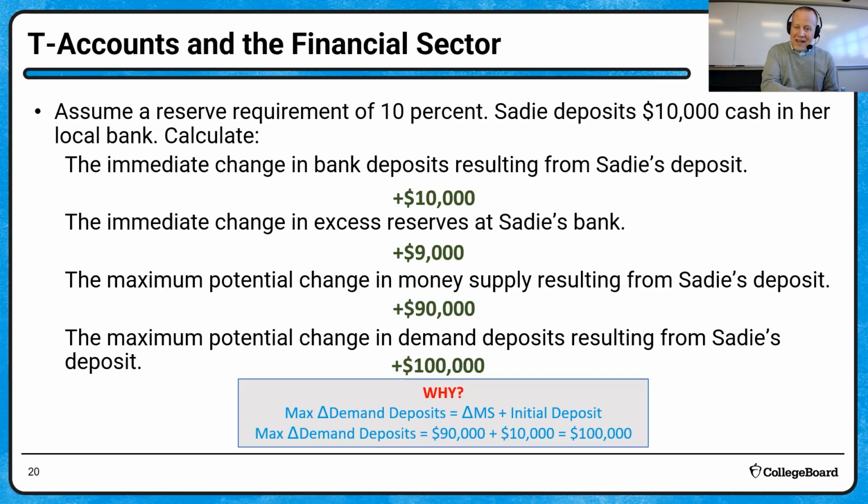In addition to that, though, we can't forget the original $10,000. Those were new deposits as well. So when it's all said and done, the $10,000 deposit increased total deposits by $100,000. The $90,000 that was created plus the initial cash deposit of 10. Don't forget that initial cash deposit of 10.